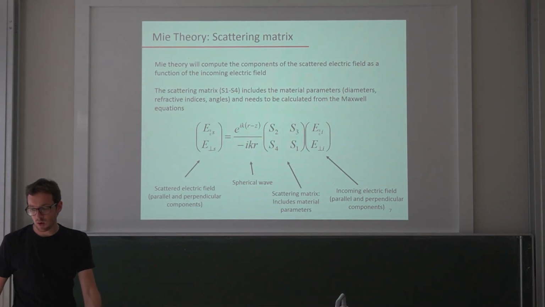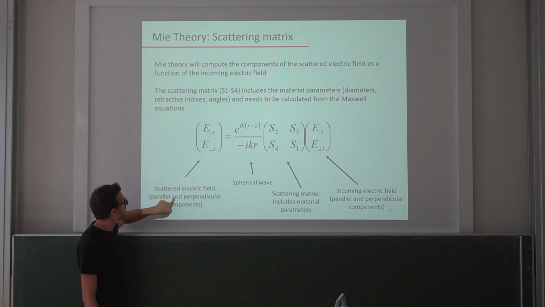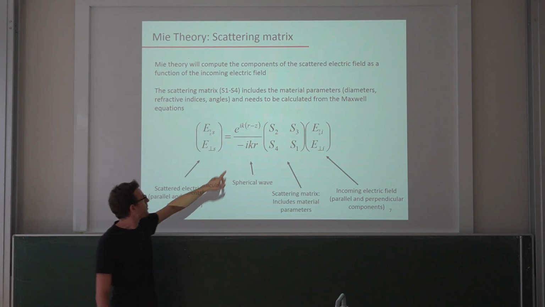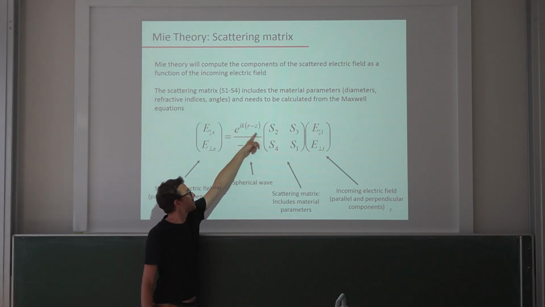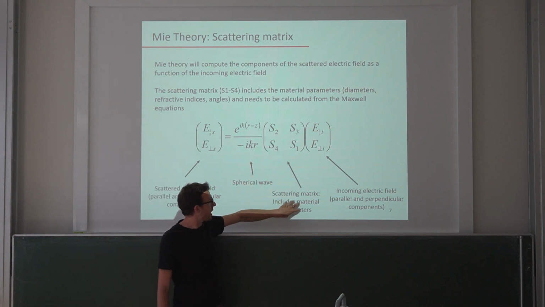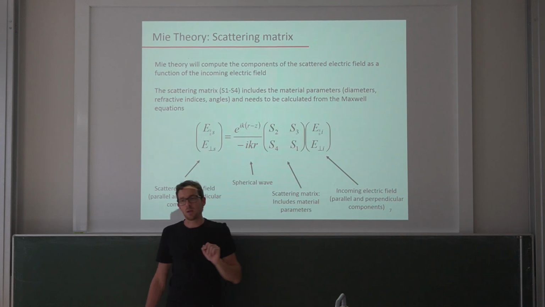And here you see what's going on. We have this matrix here that gives the scattered electric field as a parallel and perpendicular contribution. We have the spherical harmonic, so this is the wave function here. And these matrices here then define the material parameters and the incoming electric field.